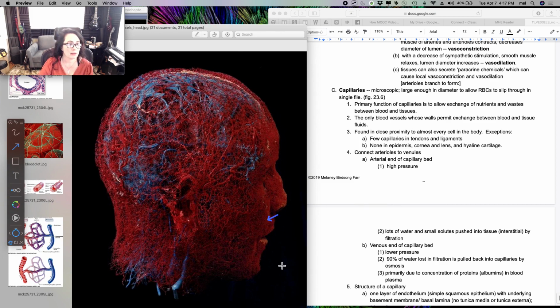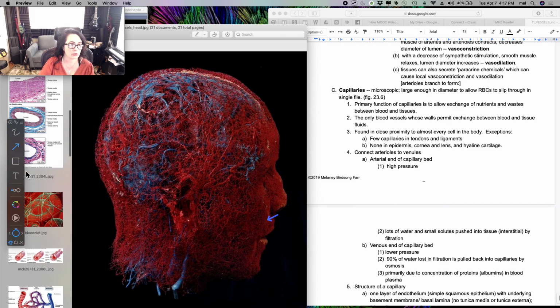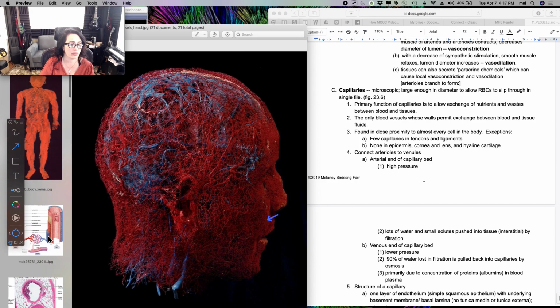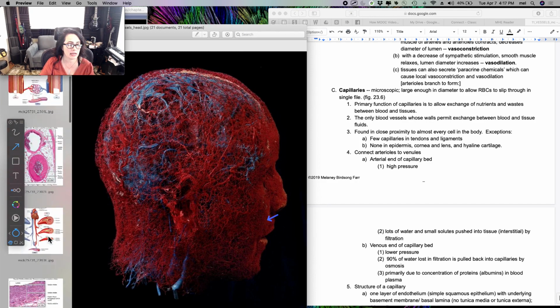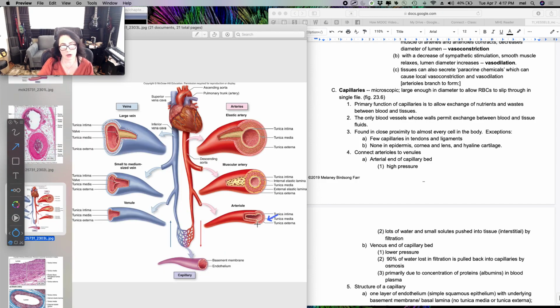And so what do they do as far as flow? As far as flow, they are primarily connecting an arteriole, which is just a small artery, to a venule. They're going to be really branched because it gives surface area and plenty of time for exchange.